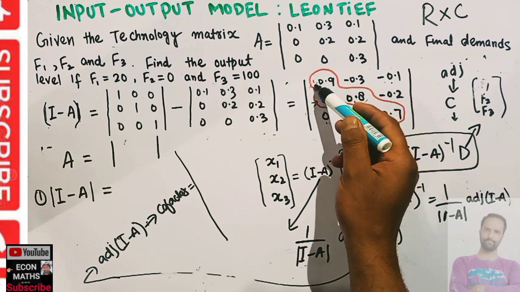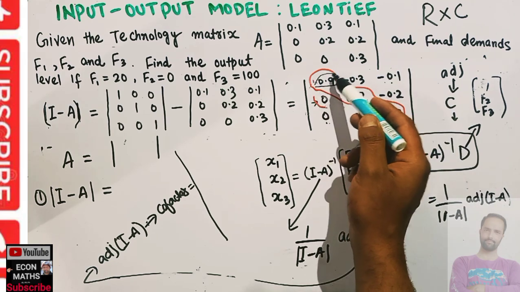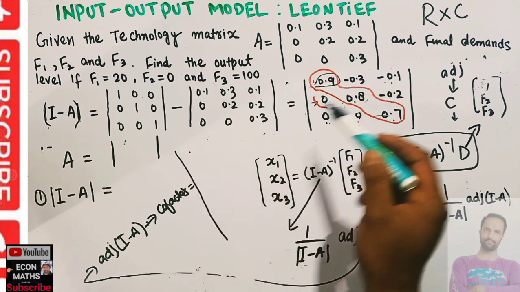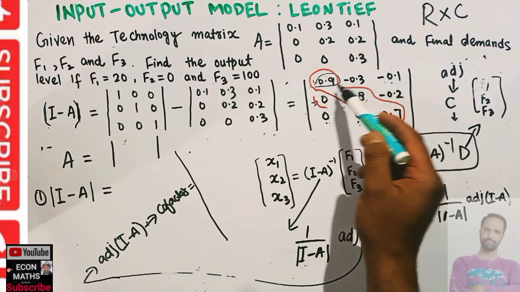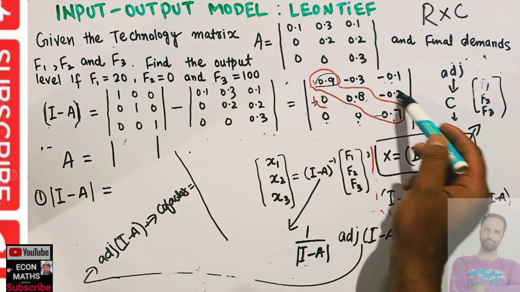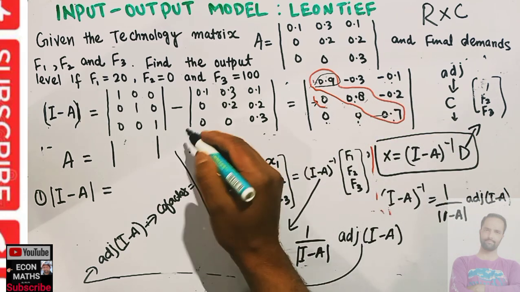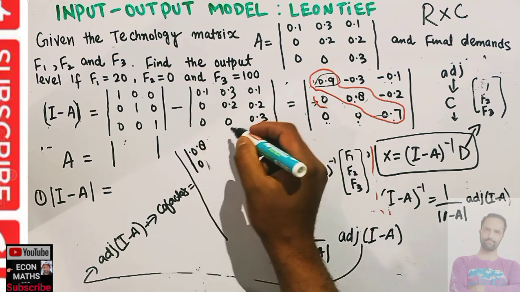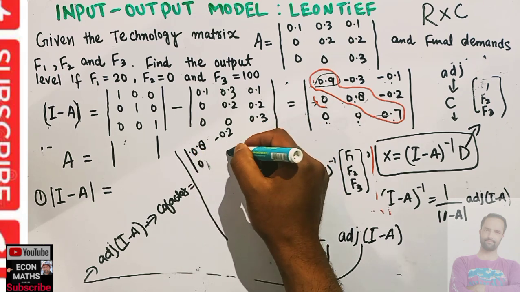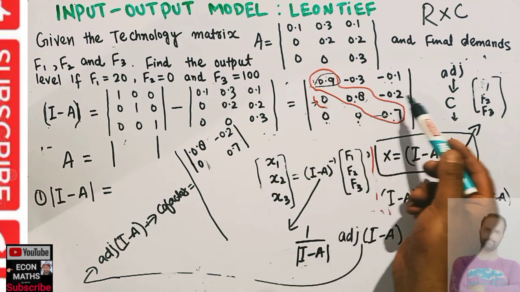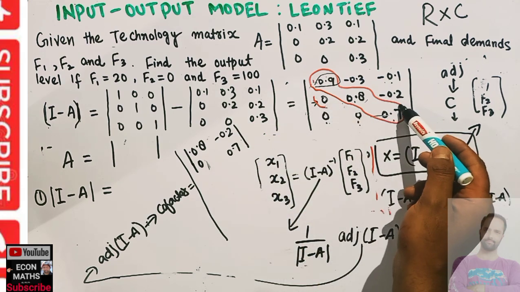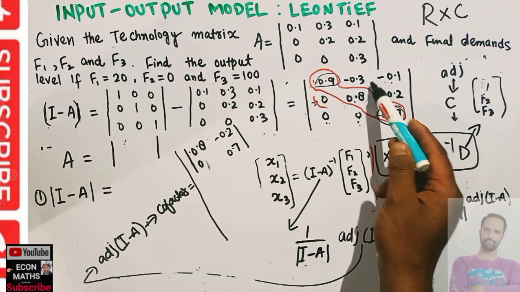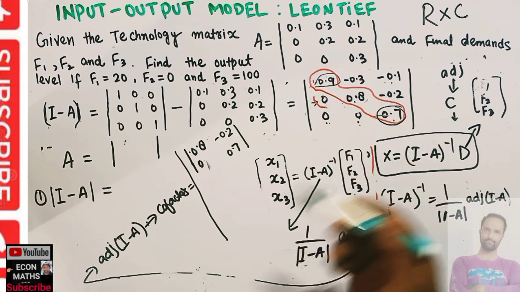If this element is here, at this place we form the minor in such a way that we mentally delete this row and this column and write this submatrix, that means we have 0, 0.8, 0, obviously 0, then minus 0, 0.2 and 0, 0.7, and we do this for all the places. After that we solve this.